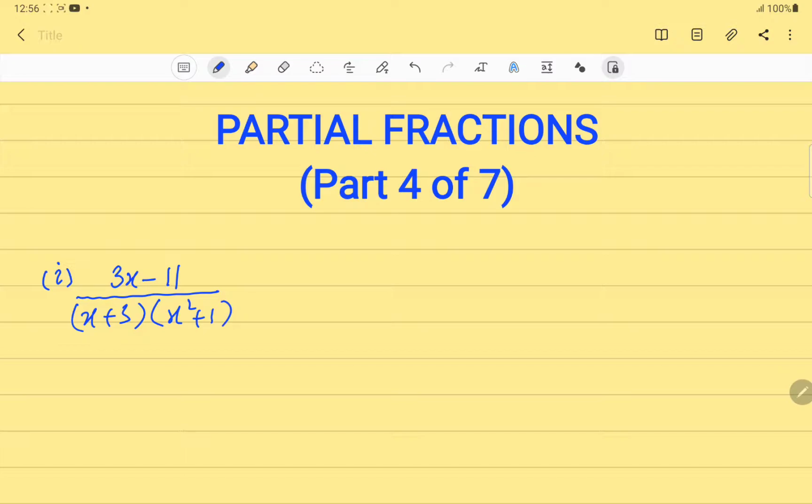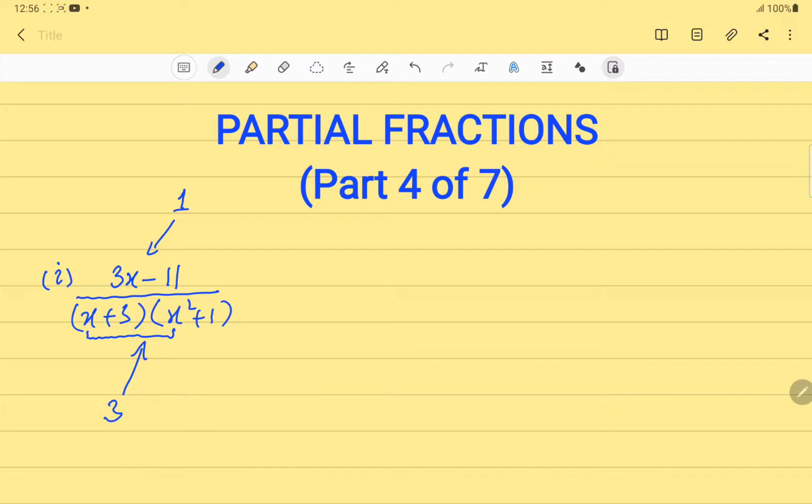Now we know that the degree of x in the numerator should be lesser than the degree of x in the denominator. So the degree of x in the numerator is 1 here, and in the denominator it is 3. How is it 3? When x is multiplied with x squared, the degree becomes 3.